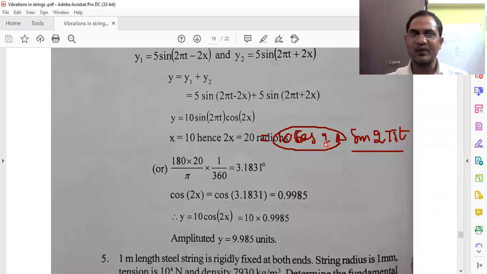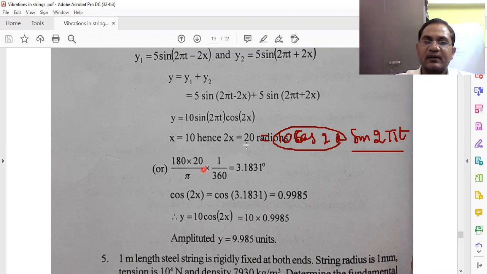What is the cos 20 value? 2x is equal to 20 radians.